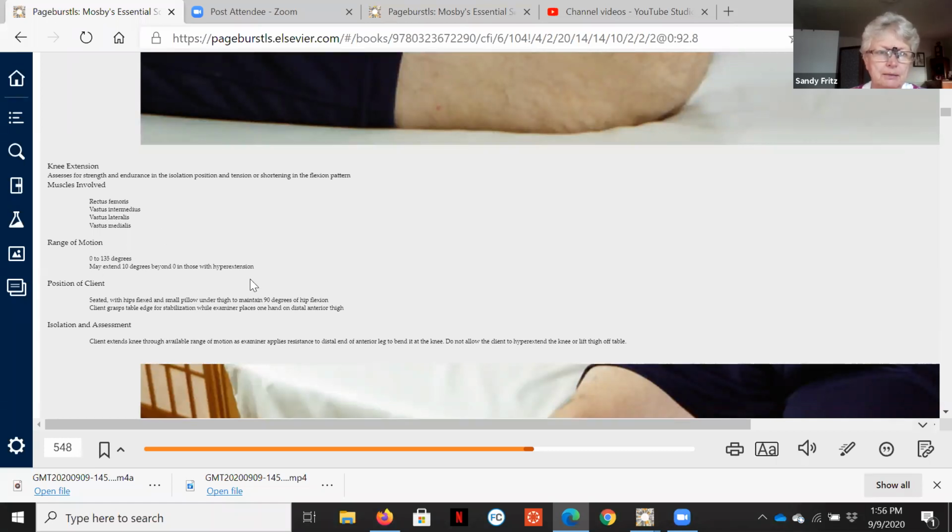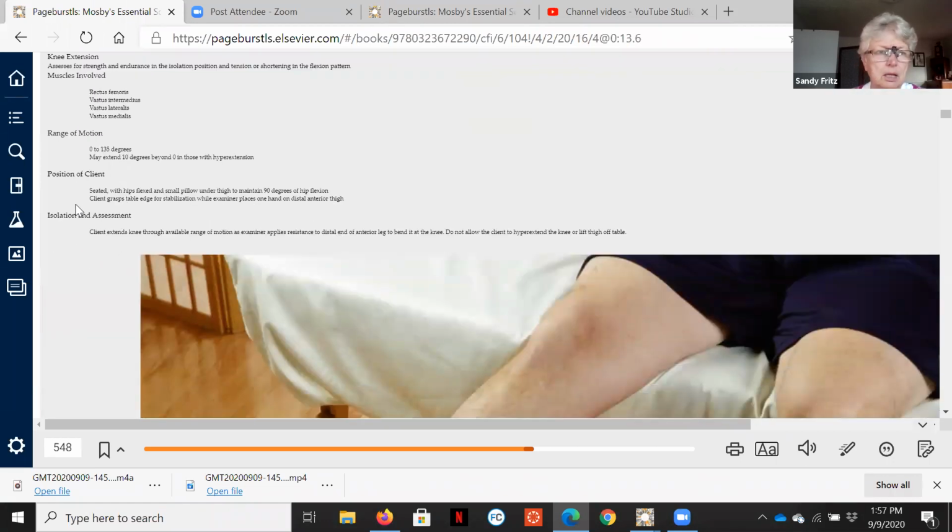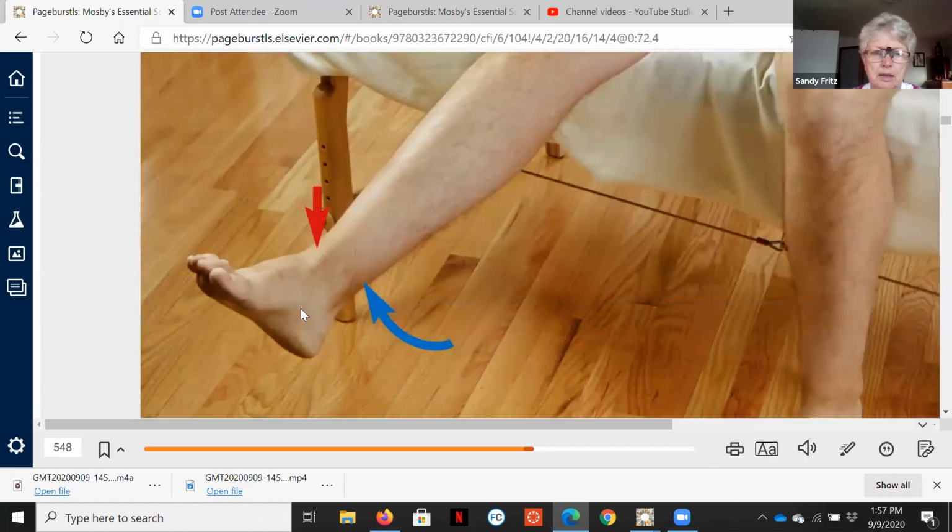This is a little bit confusing on how they measure that, but it goes from pretty much 90 to 0, which is your anatomical position, and then may extend 10 degrees beyond 0 if there's any hyperextension in the knee, which you really don't want. And then it tells you how to position the client, and then the movement.